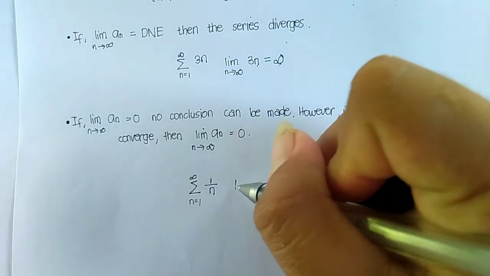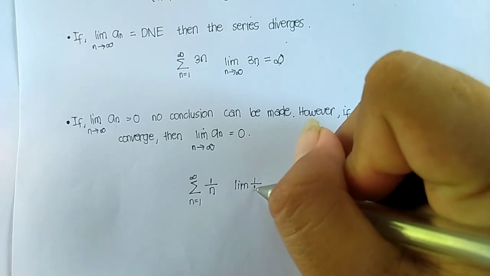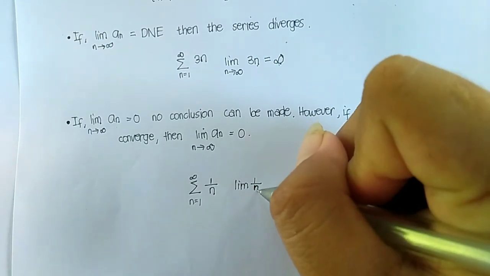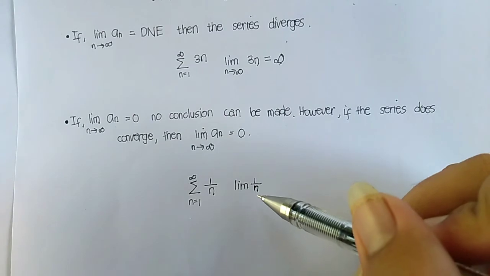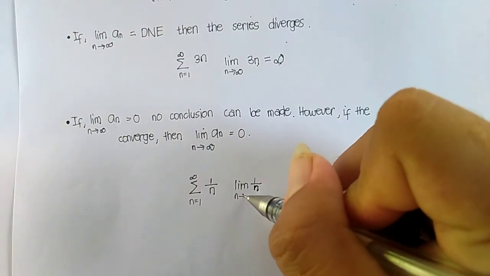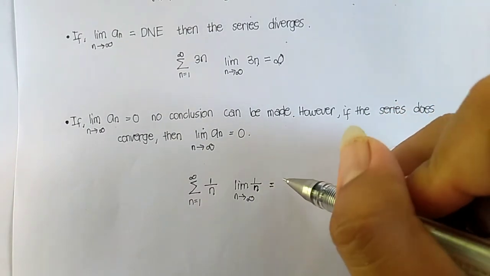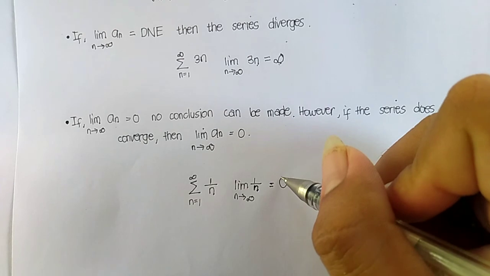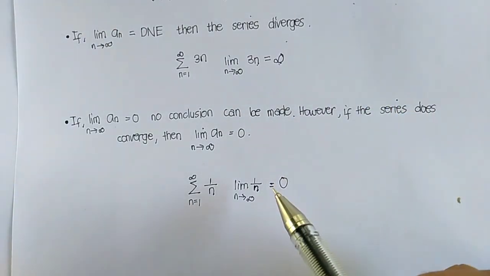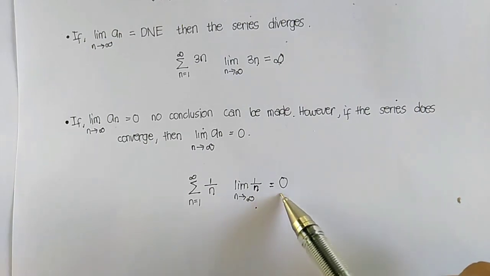So our a sub n is represented by 1 over n because this is a harmonic series. So if we take the limit of 1 over n as n approaches infinity, we do get 0. But it does not tell us that this series converges. It tells us that it may or may not converge.